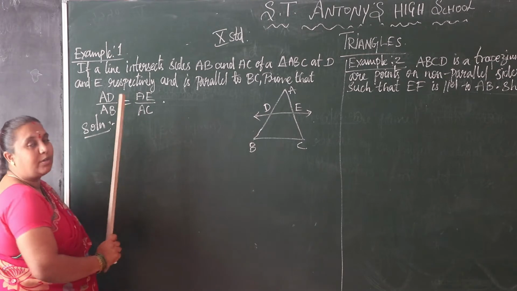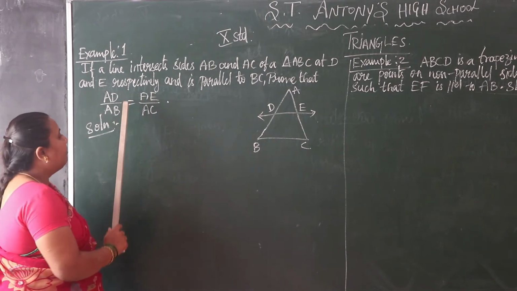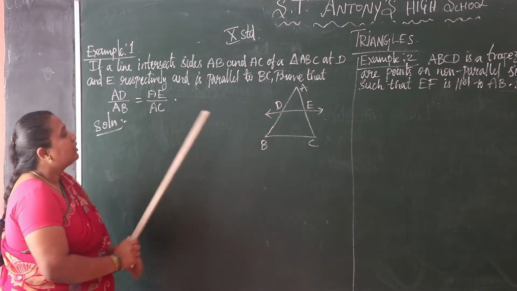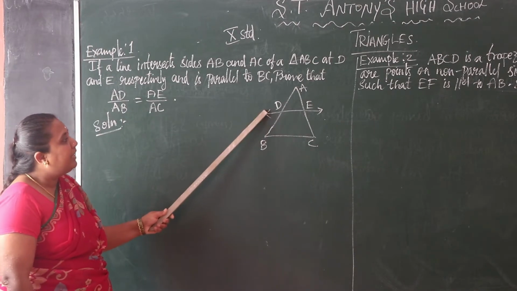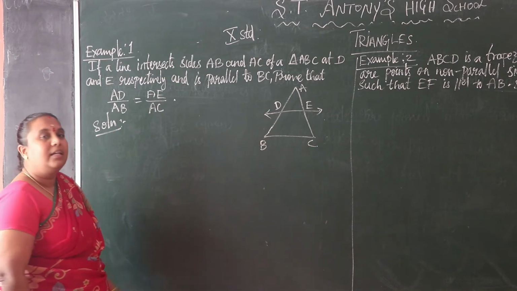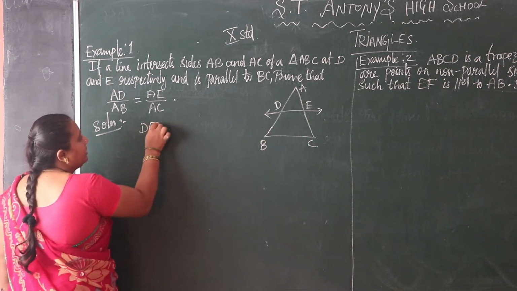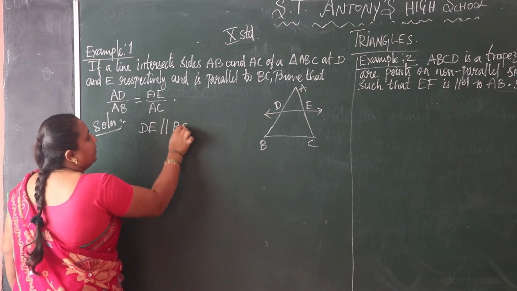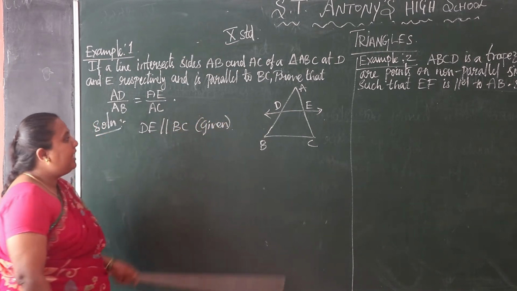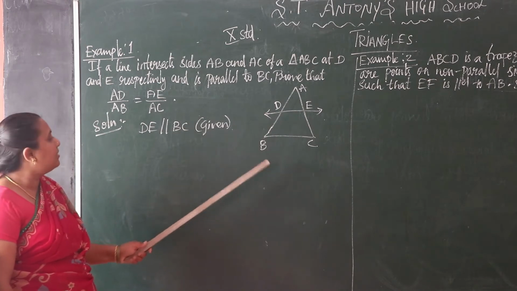So what do we want to prove here? AD by AB equals AE by AC. For that we take that DE is parallel to BC, that is given.